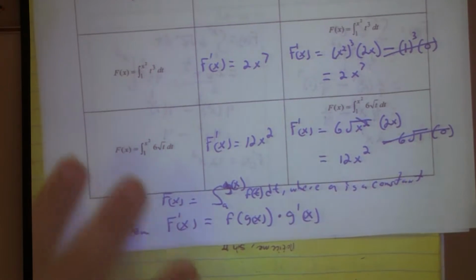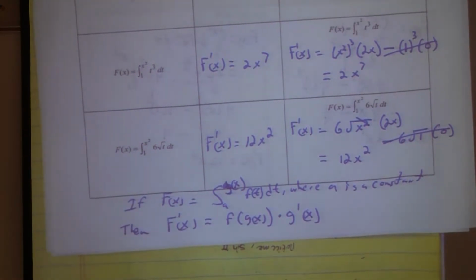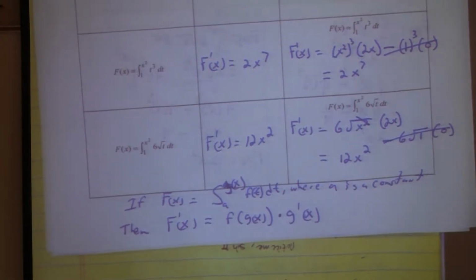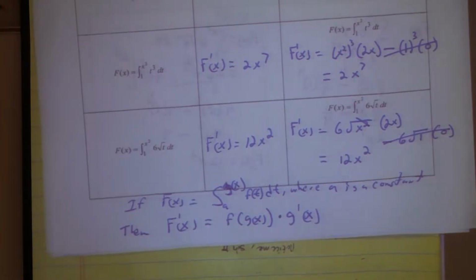G prime of x. And we can forget about the other part because we know the other part is going to be just what? 0. Okay, it's just about noticing particular patterns.